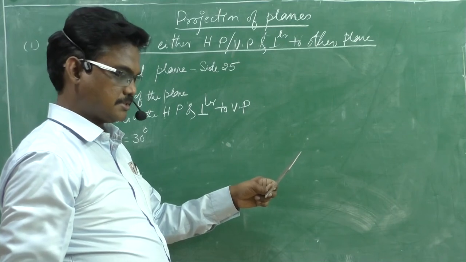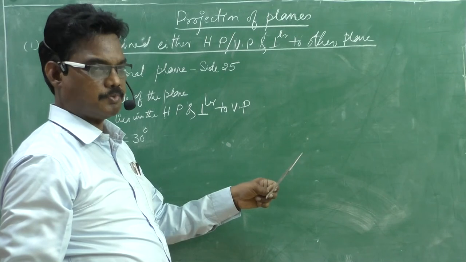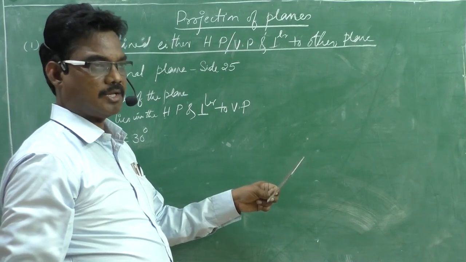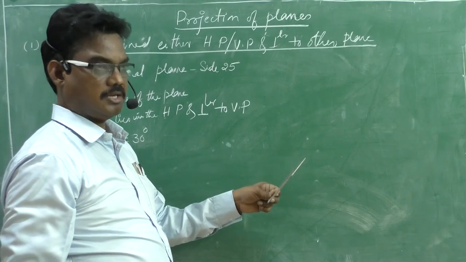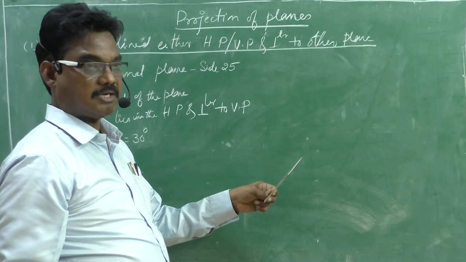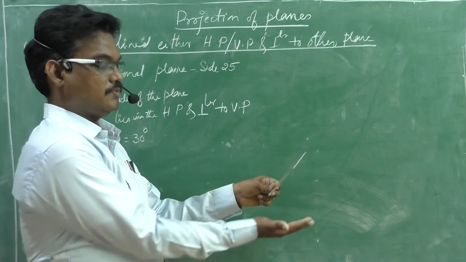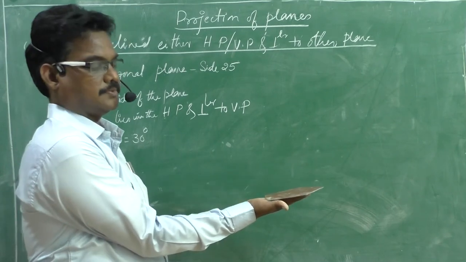Now in this case, we need to assume two stages. One is the simple position and the second one is the first stage projection. Here the plane inclination is given. The plane is inclined with HP at 30 degrees. Therefore, we need to assume that the plane lies in the HP.